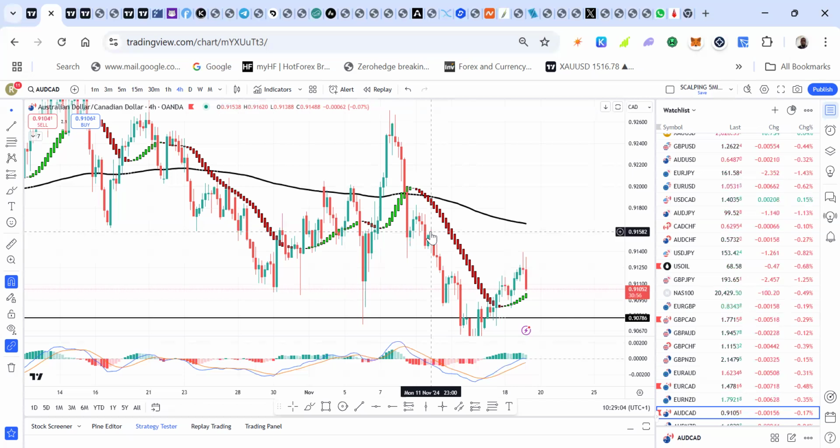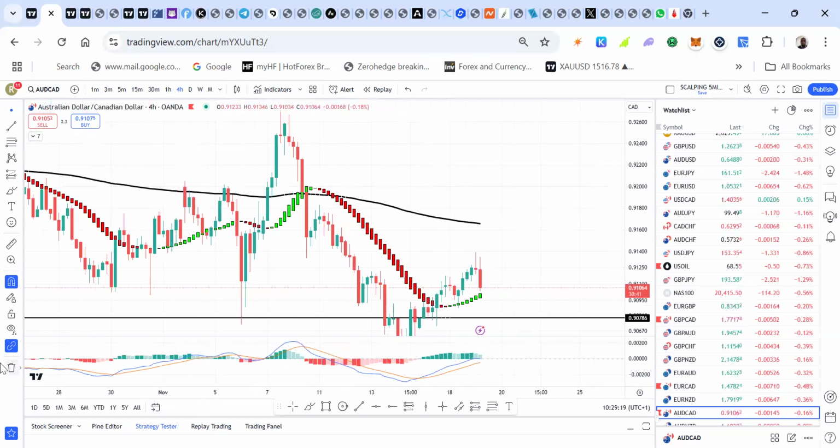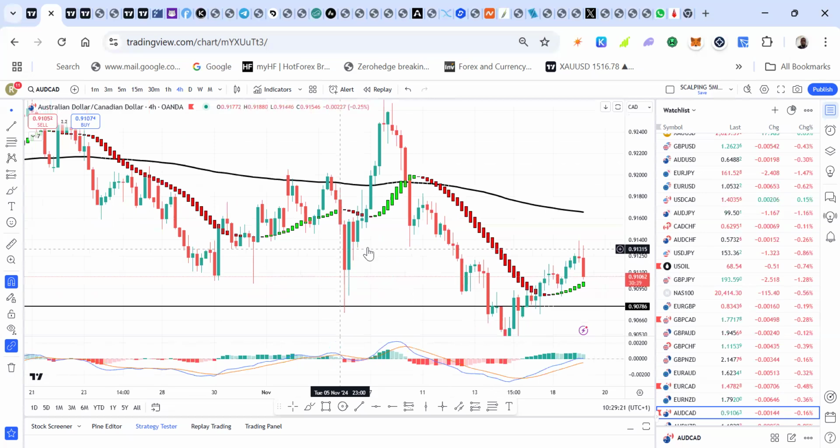So now what are you looking for after the pullback? Now after the pullback, I believe you are seeing my cursor. Let me expand it. Okay, so this was the last green candle. This one.